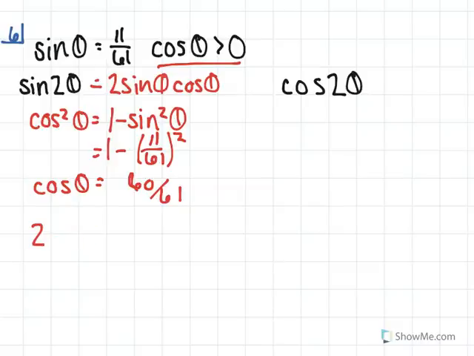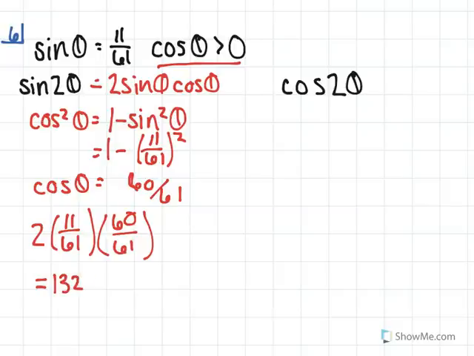We have 2 times 11 over 61, which is our sine theta, times 60 over 61, which is our cosine theta. If you multiply that out, that gives us a final answer of 1,320 over 3,721.